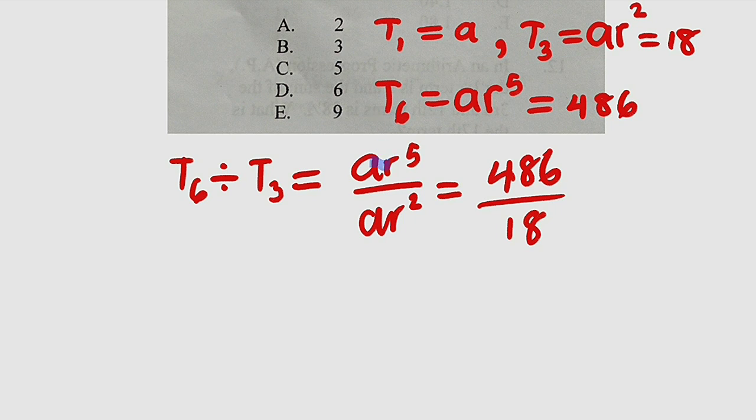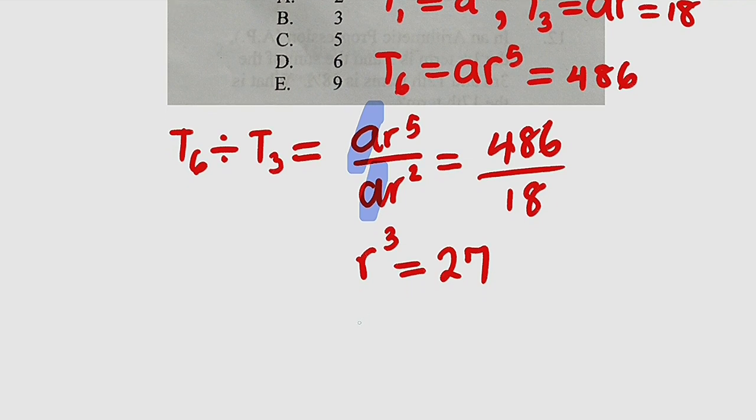So you can see that A will cancel A. R to the power of 5 divided by R to the second power, apply one of the laws of indices. 5 minus 2 is 3, so we have R to the third power. This is equal to 486 divided by 18, which is 27. You take the cube root of both sides, R will be equal to 3.